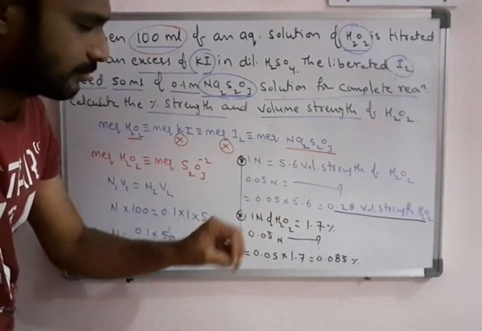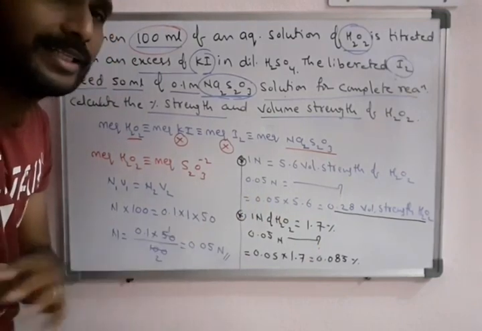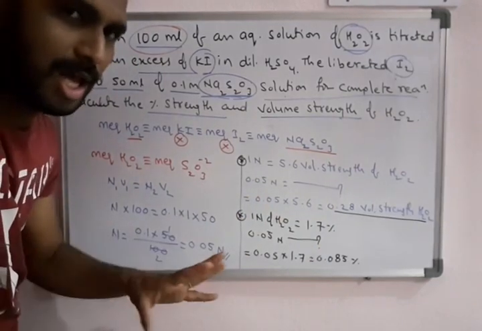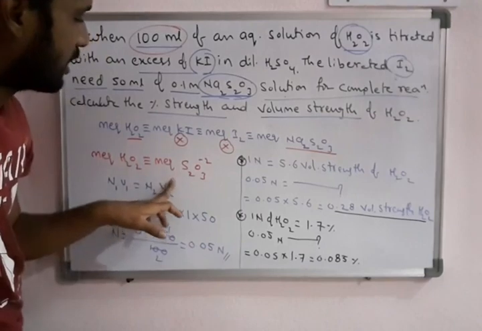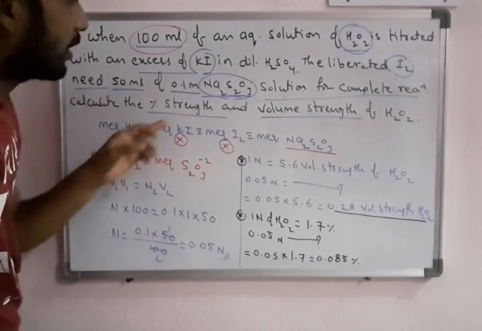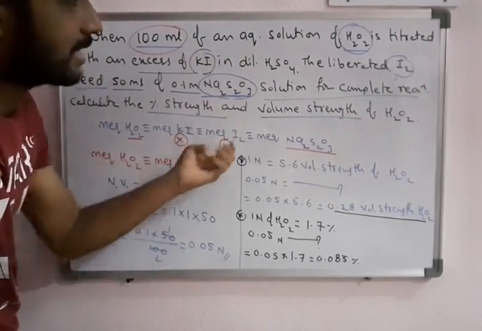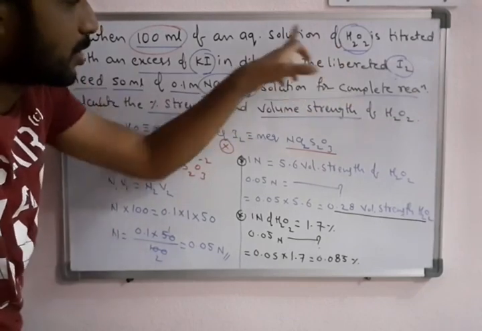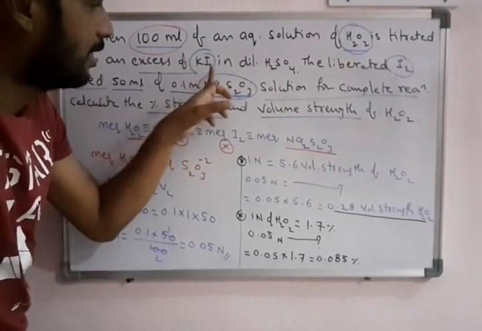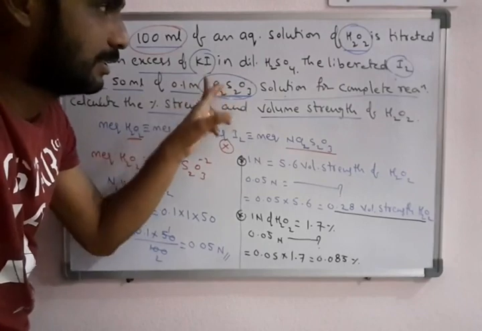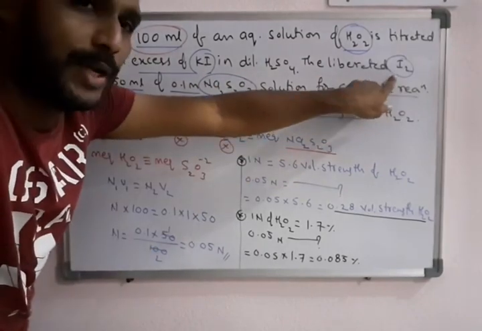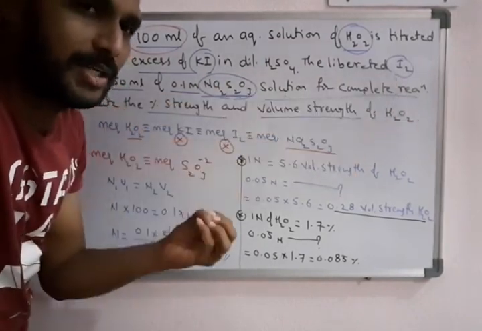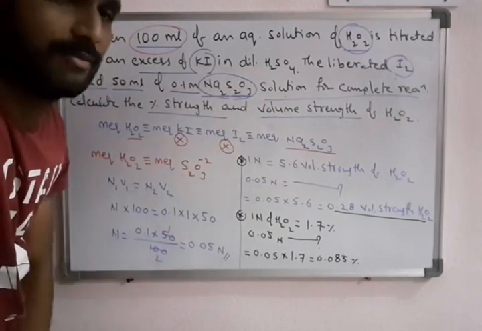But the point is how to calculate the normality. For that, information is given about a reaction: hydrogen peroxide with potassium iodide, where iodide is oxidized to iodine, which completely undergoes reaction with sodium thiosulfate.